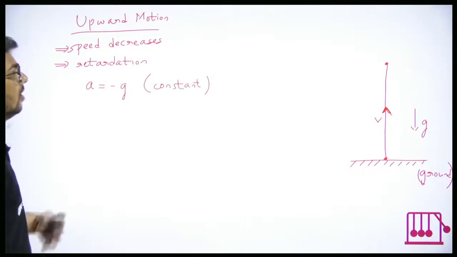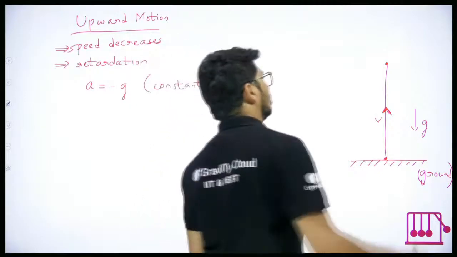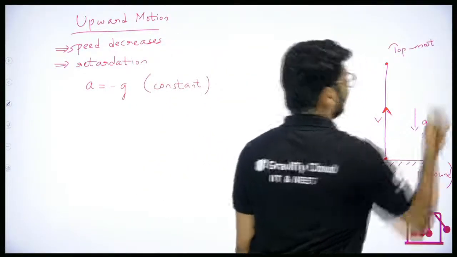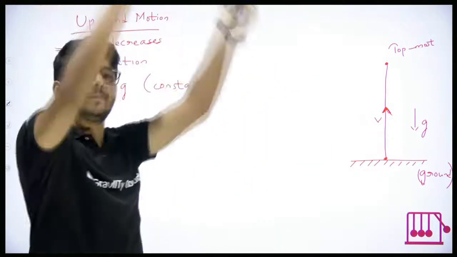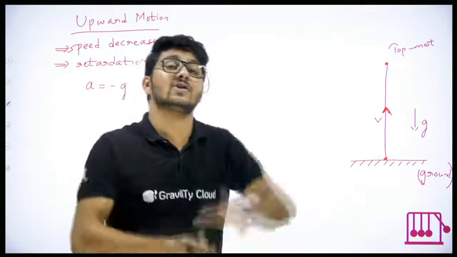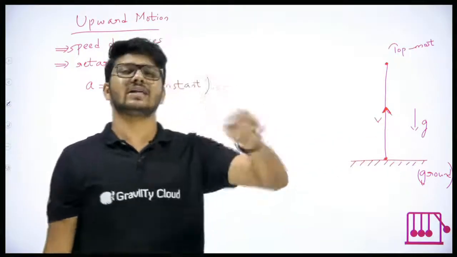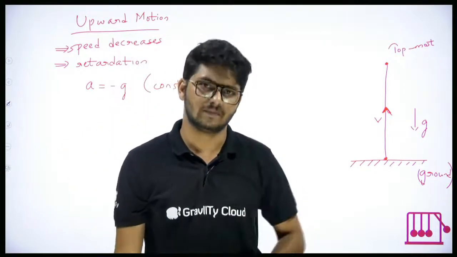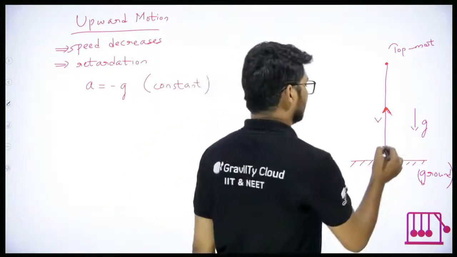Now, what other conditions are there? See here, at the topmost point, what happens if you throw a ball up? As it goes up, what happens? Its speed decreases continuously. At the topmost point, it stops for a second. Like not even for a second, for an instant it stops. For example, imagine you are throwing a ball up with a speed of 10 meter per second.